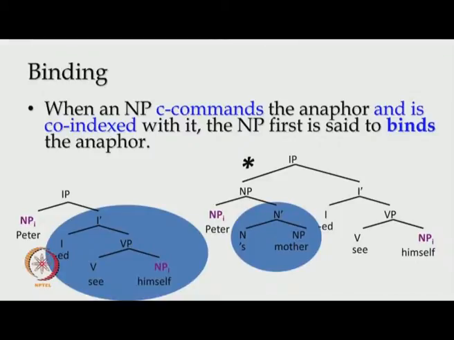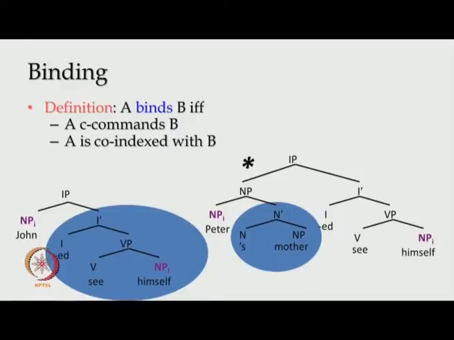If the antecedent and the NFR, that is the reflexive, are in a C-commanding domain, then we can say the antecedent NP binds the NFR. And with that, this is where the term binding comes from. If I want to say the antecedent binds reflexives, what do I mean?